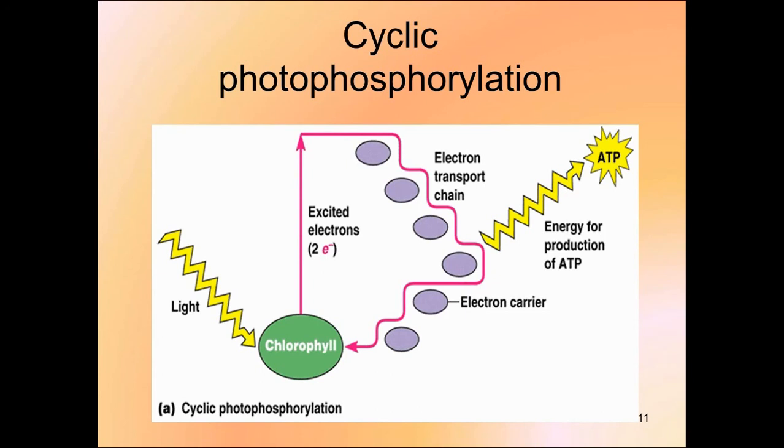So the plant makes the energy it can through ATP. This is not an ideal situation because not as much energy is made, and the plant only does this when it has to. It much prefers to do the non-cyclic form because more energy is created.